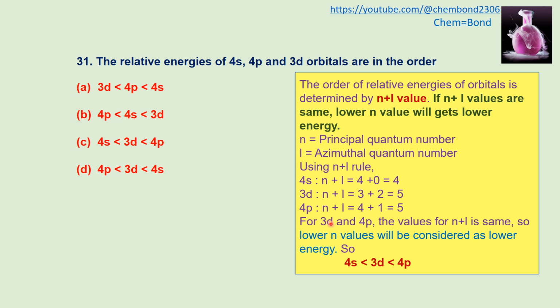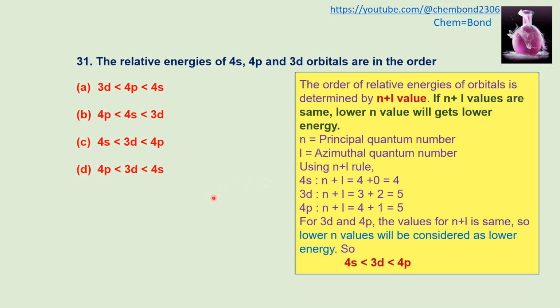So 3d and 4p have the same n plus l value, both 5. The lower n value means lower energy. The 3d has a lower principal quantum number compared to 4p, so 3d is at lower energy than 4p.